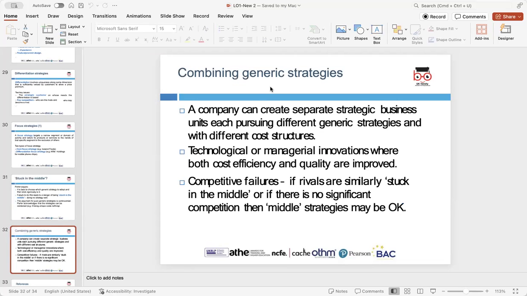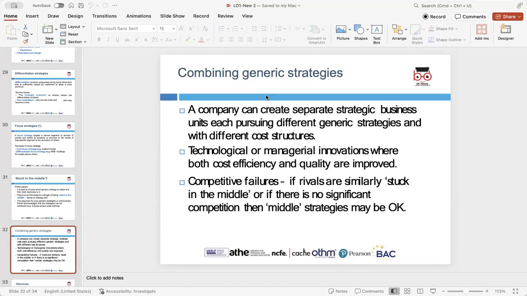Combining generic strategies: organizations can sometimes combine generic strategies to adapt to changing market conditions or leverage unique advantages. Separate SBUs: different strategic business units can pursue distinct generic strategies based on their specific market conditions and cost structures.